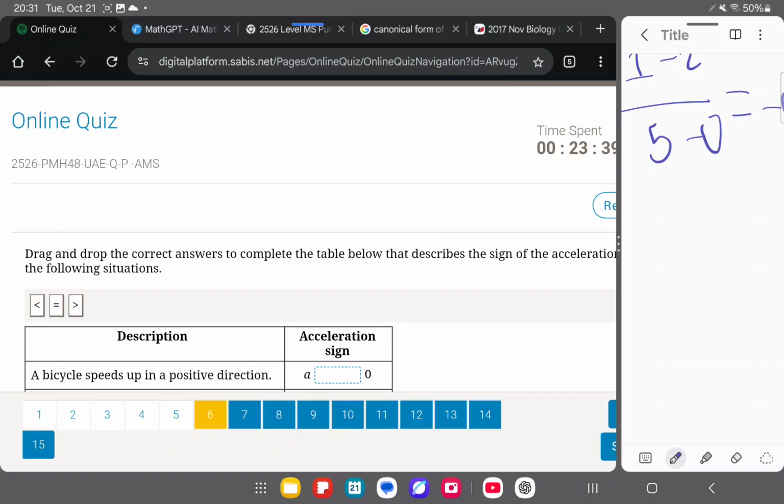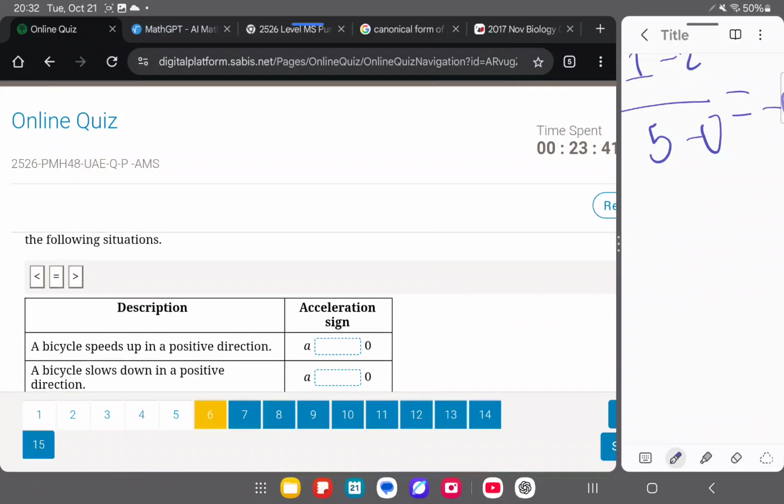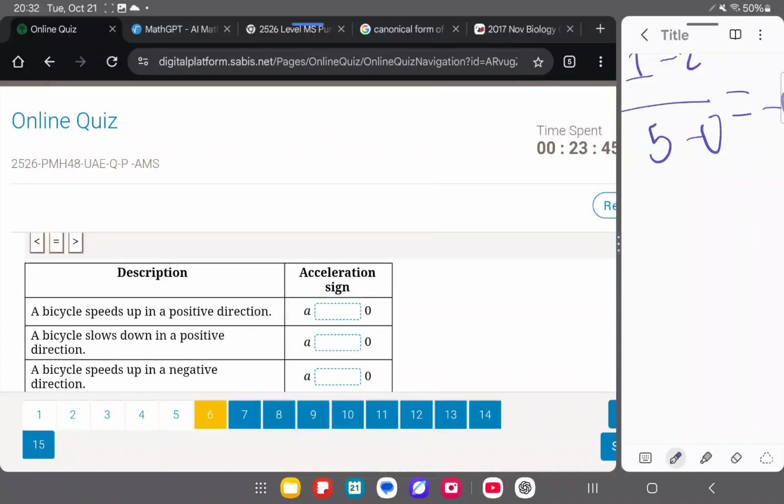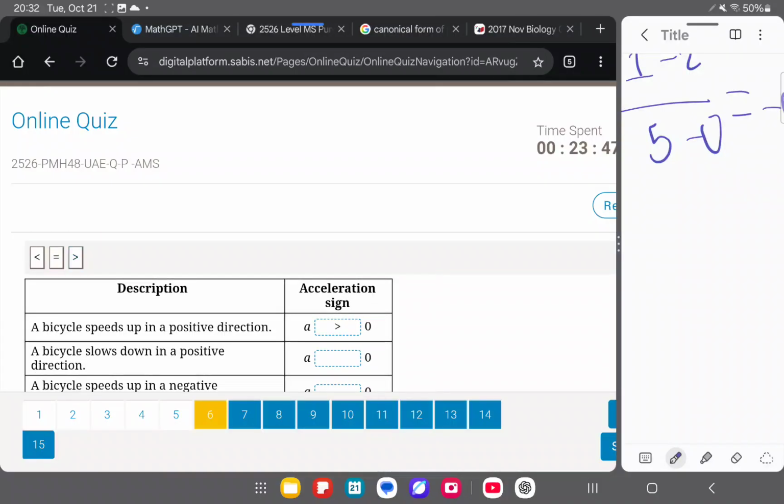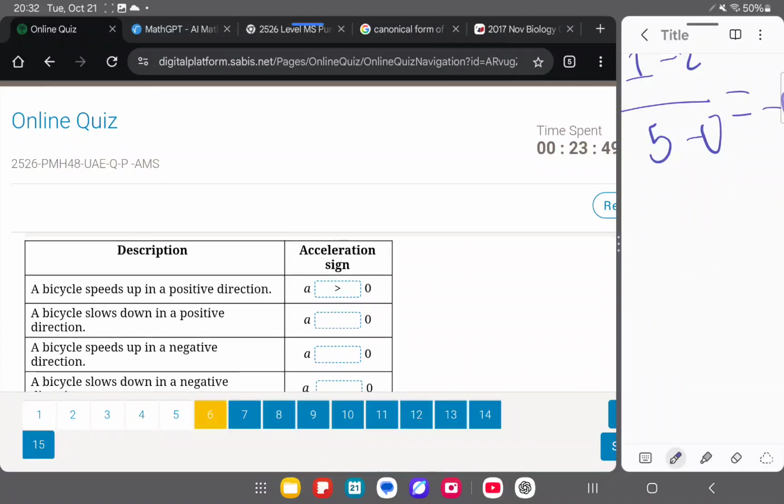They gave it to us as speeding up, so positive. When it's slowing down in the positive direction, v is positive, and the slope is going down, so acceleration is negative.